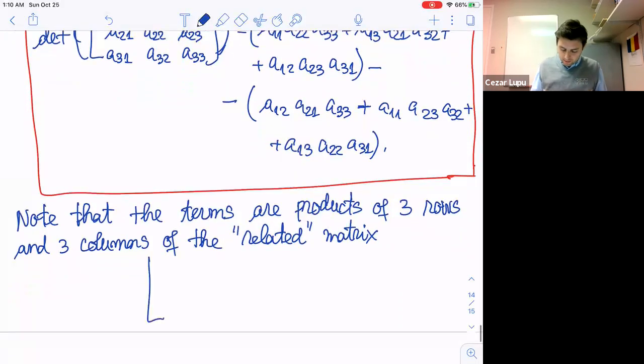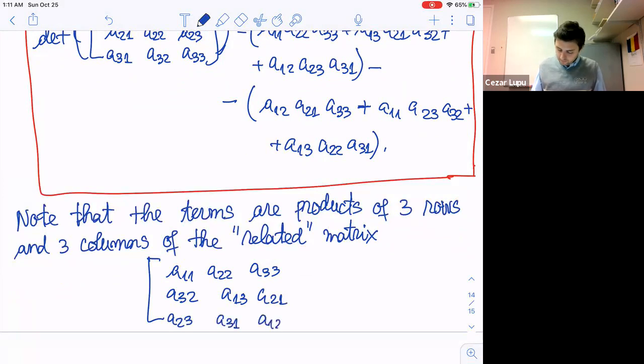Let's write it: A11, A22, A33, A32, A13, so this is A21, and this would be A23, A31, and A12. So this will be the related matrix.